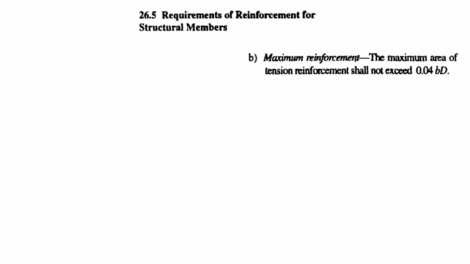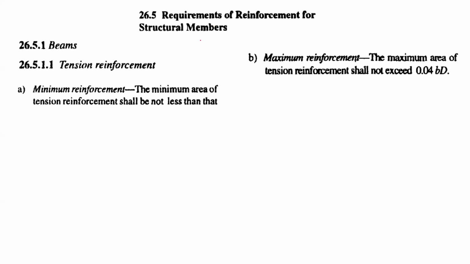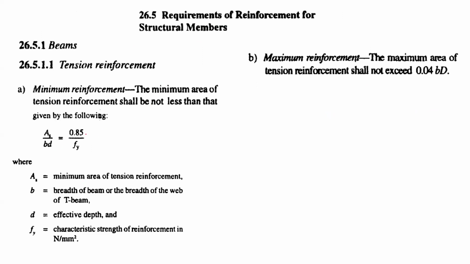Then we have the requirements of reinforcement for structural members. For minimum tension reinforcement, we have As upon bd equal to 0.85 upon fy, and this is generally used in case of beams and footings.